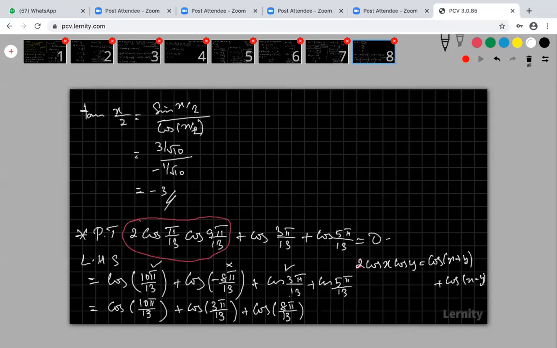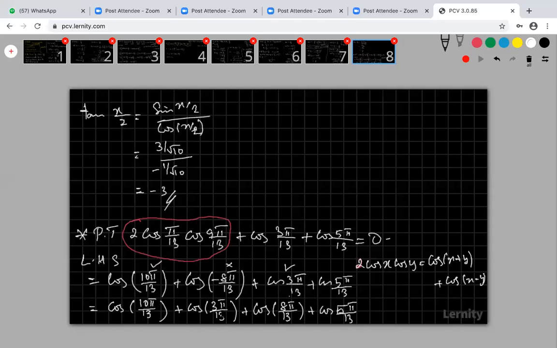Now apply the same formula, not this formula, the cos x plus cos y formula.